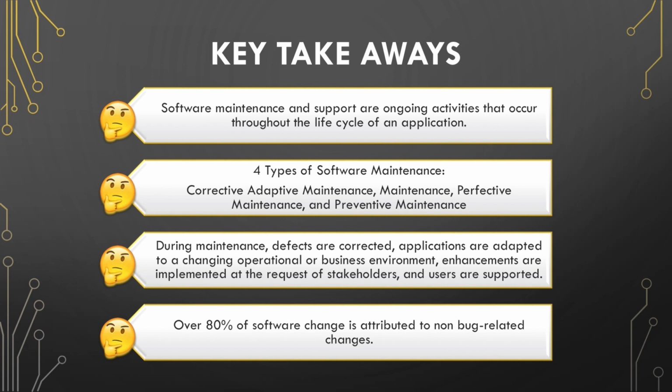Updating the software environment, reducing its deterioration over time, and enhancing features to satisfy user needs are all examples of maintenance work. The next time you think about maintenance and software changes, keep in mind that over 80% of software change is attributed to non-bug related changes.